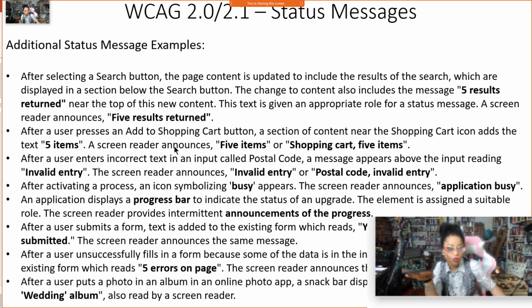Now, this is a lot of words. I'm not going to go through each one of them because these slides will be available to you. But these are just a few additional status messages examples. The criteria was intentionally worded to apply primarily when visible text is added or becomes visible on the page.